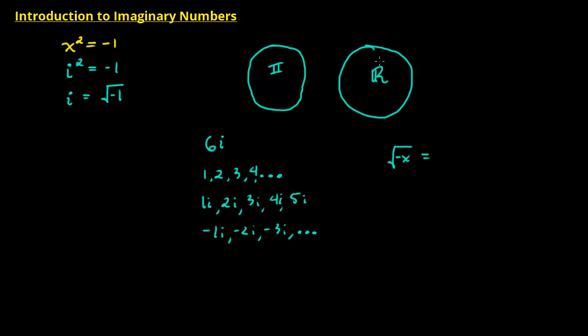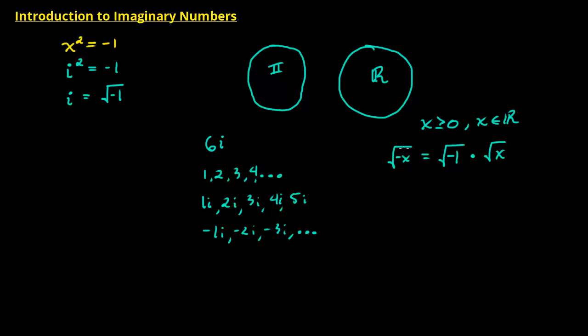Based on how I simplify radicals in the real number system, I can rewrite this as the square root of -1 times the square root of x. Let's say that x here is greater than or equal to 0, and x is a real number, so x is an element of the real numbers.